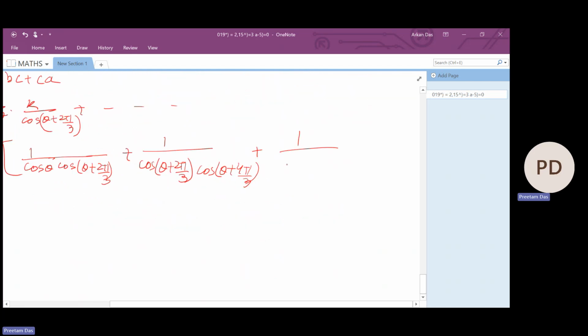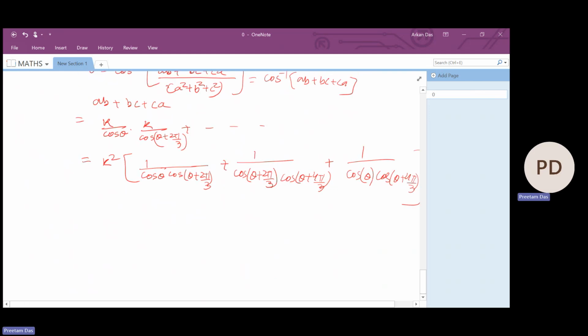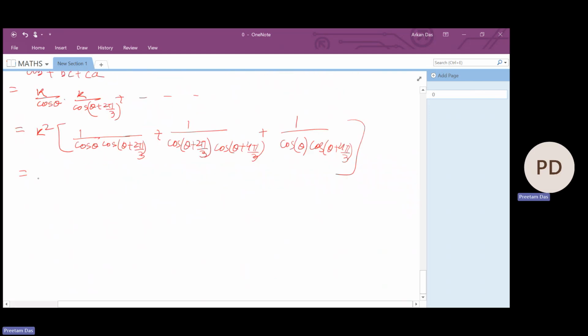The third term will be 1 by cos theta and then cos (theta plus 4 pi over 3). So what is the immediate next step that we will do? We will take LCM. So cos theta, cos (theta plus 2 pi by 3), cos (theta plus 4 pi over 3).